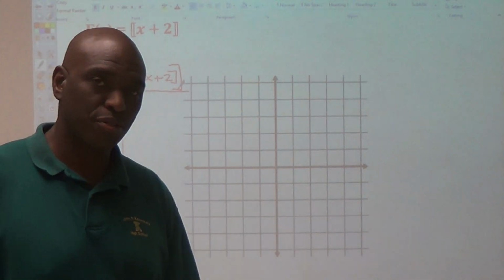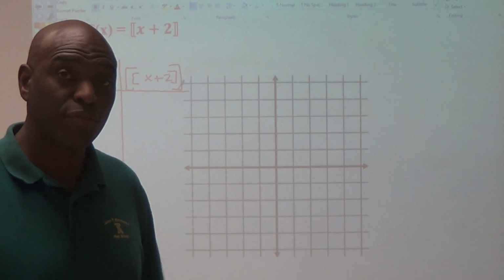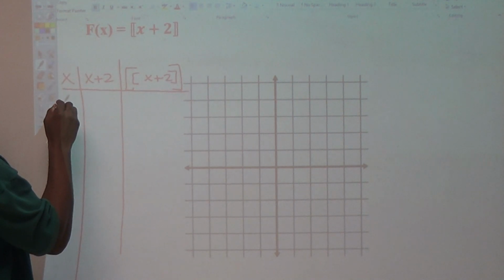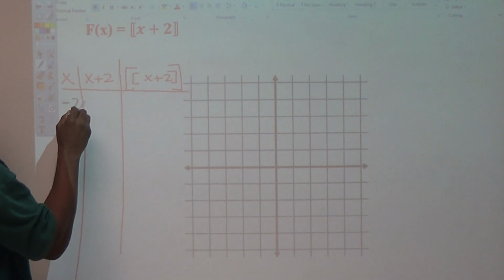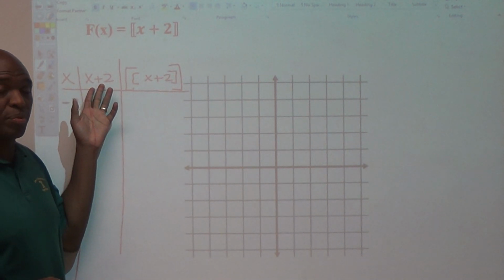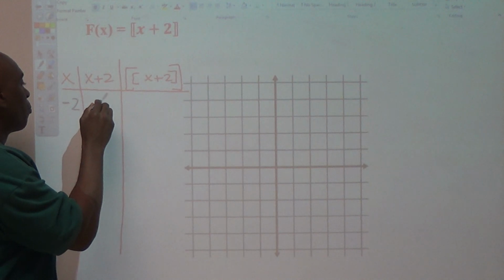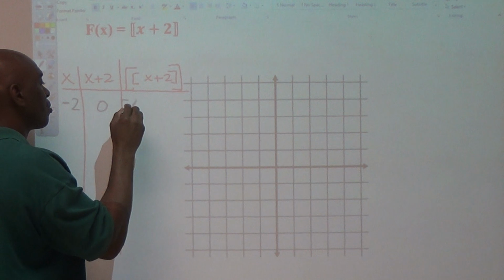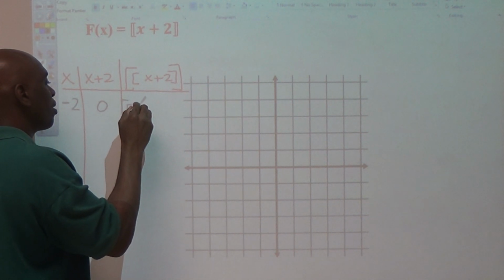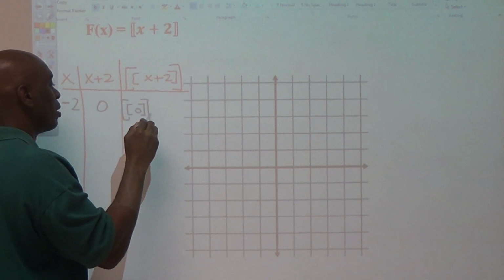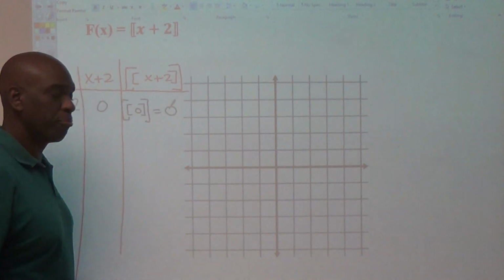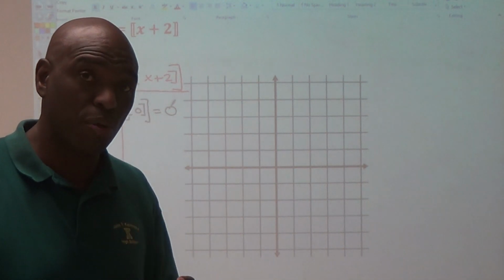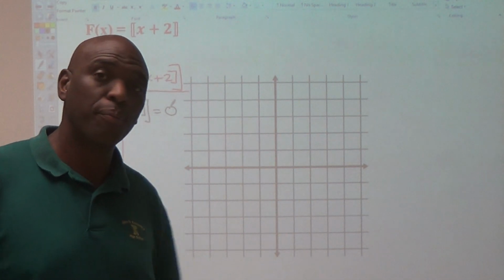Choose your value of x. Let's start off with -2. Then what's the value of x plus 2? 0. And what is the greatest integer less than or equal to 0? Easy, it's 0. Well, 0 is an integer, so it's just 0.